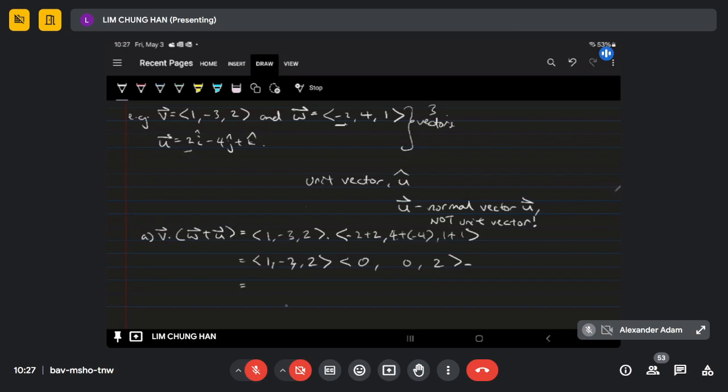The way you dot product is 1 times 0 plus -3 times 0 plus 2 times 2. 1 times 0 is this, -3 times 0 is this, 2 times 2 is that.